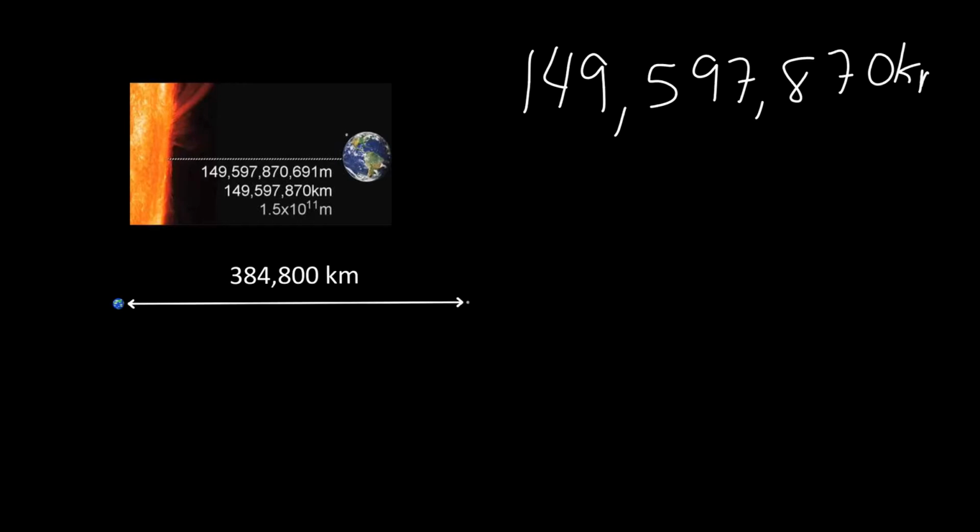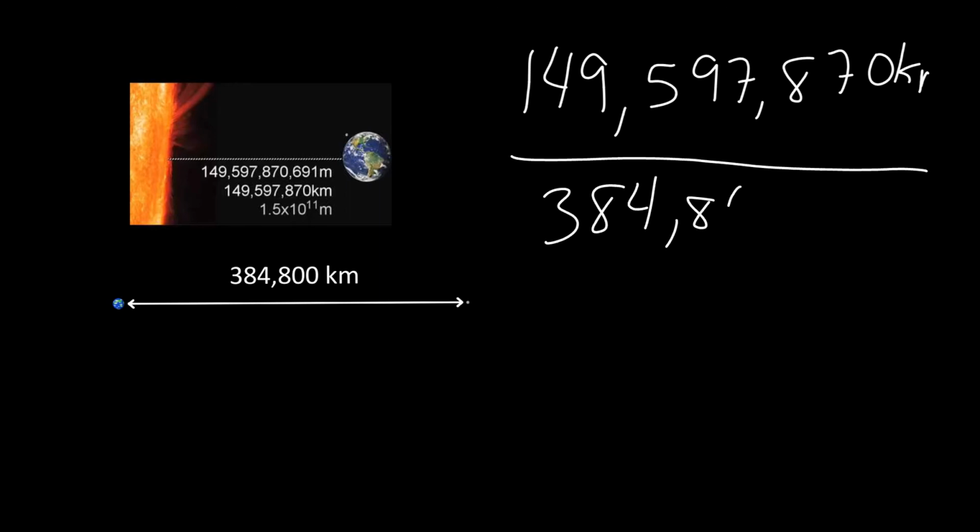And we're going to divide that by the distance between the Earth and the moon, which is 384,800 kilometers, which is going to give us 389. And that is our relative perspective.